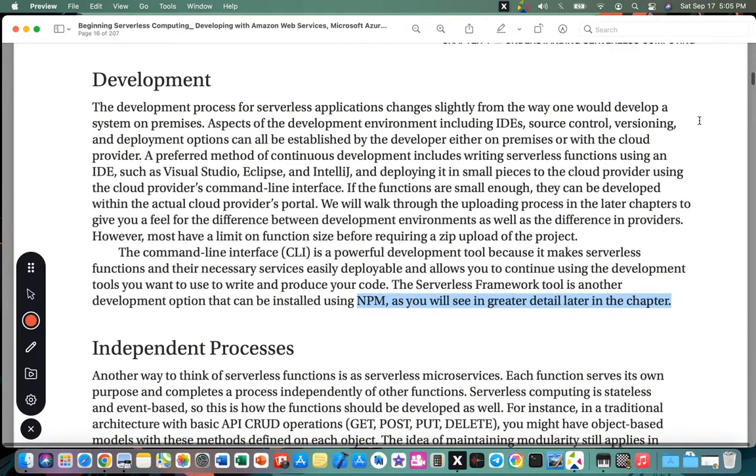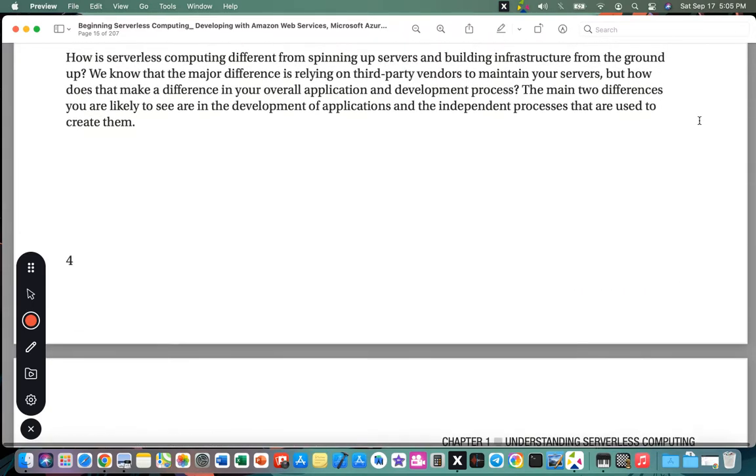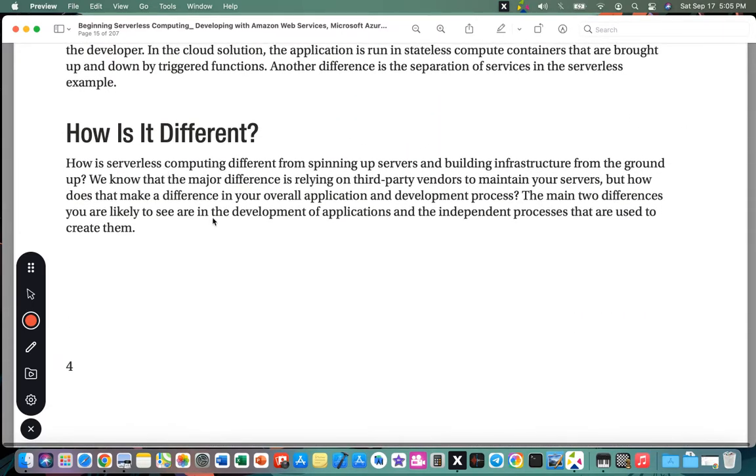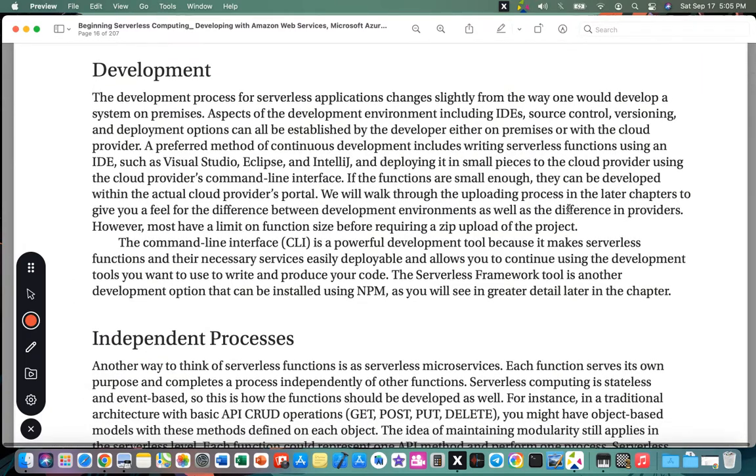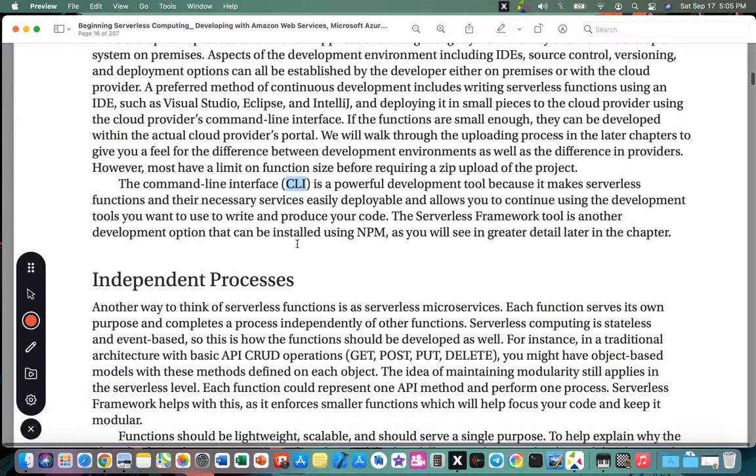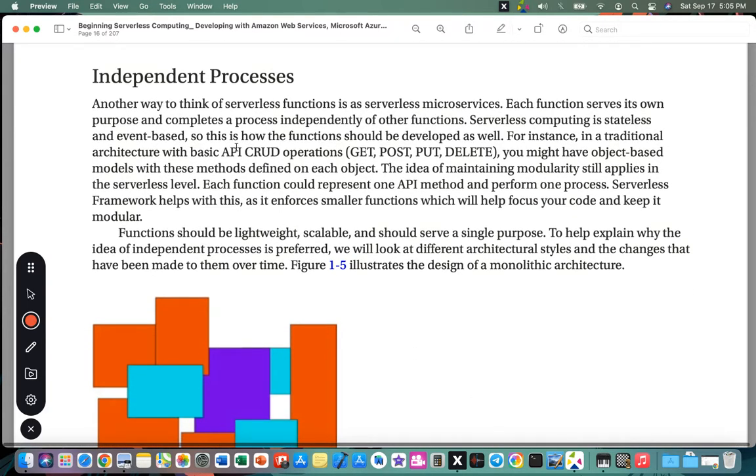What are the independent processes? So remember, we mentioned two things about how it's different: in the development of applications and in the independent processes that are used to create them. And here's the development that we talked about, the CLI, command line interface, and the independent services.